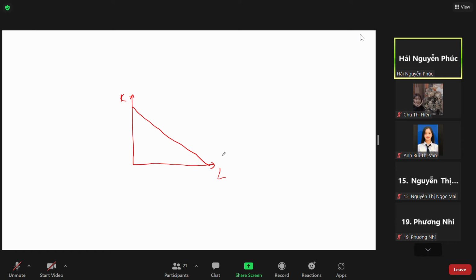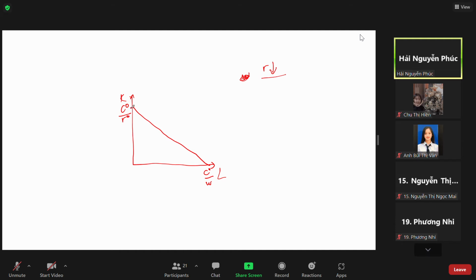Here's C0 divided by R, and here's C0 divided by W. Now suppose we have a change in the rental rate, let's say a decrease.